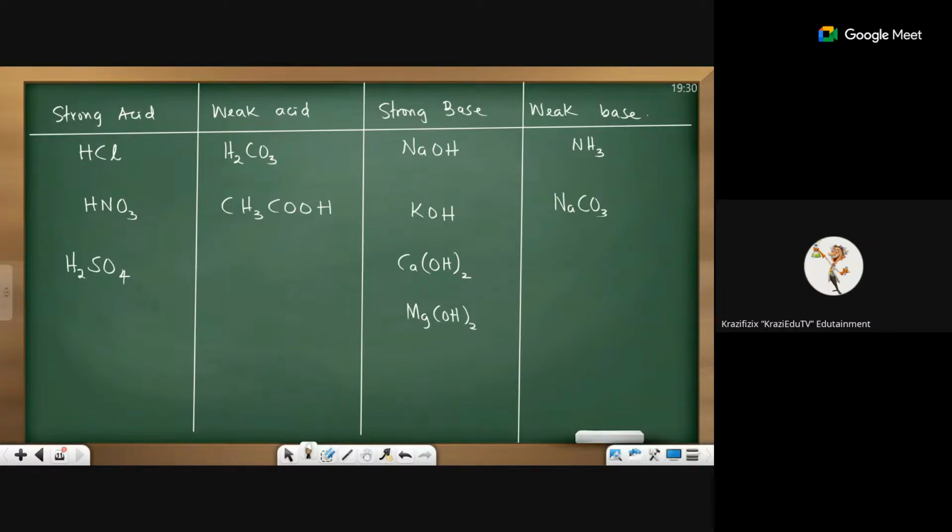Anything that has to do with a carbonate would be weak. Sodium hydrogen carbonate, weak. Oh, sorry, this is Na2CO3. Calcium carbonate, weak. Okay, barium hydroxide, weak.